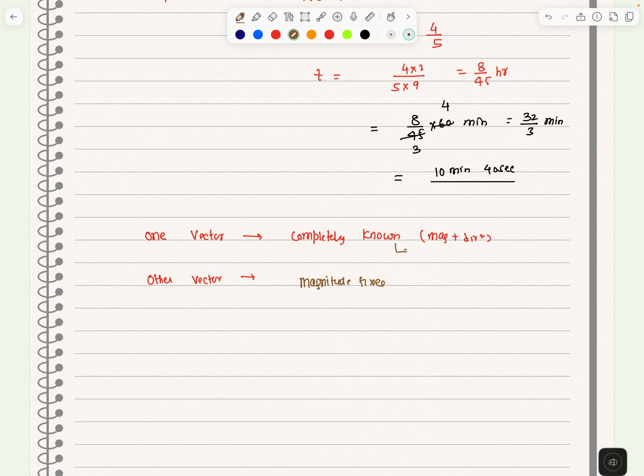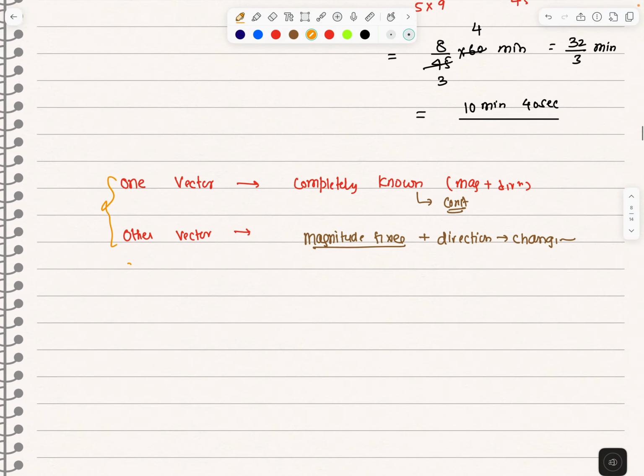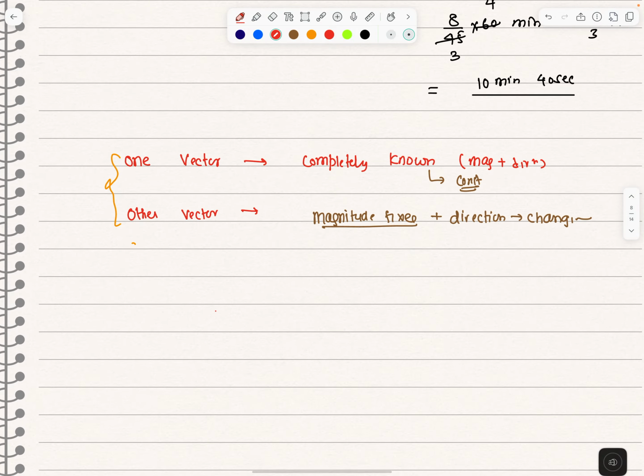This completely known vector must be a constant vector, and the other magnitude is fixed but direction is changing. Now if you have to find the minimum or maximum in this case, then obviously this method becomes a very, very useful method. Just a hint I will give you, you can solve these questions.